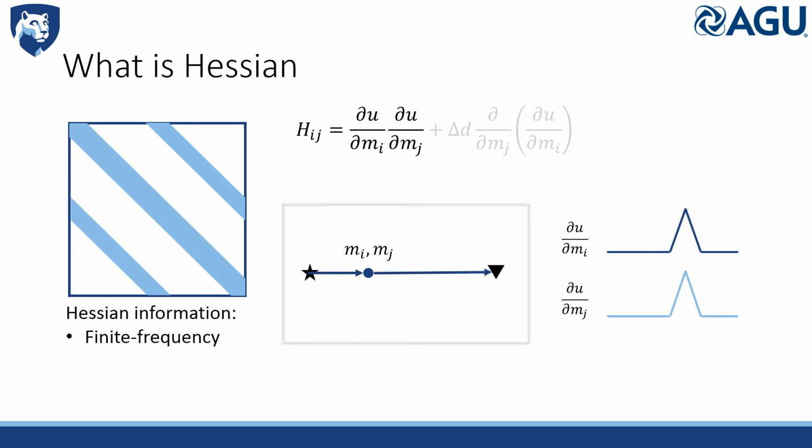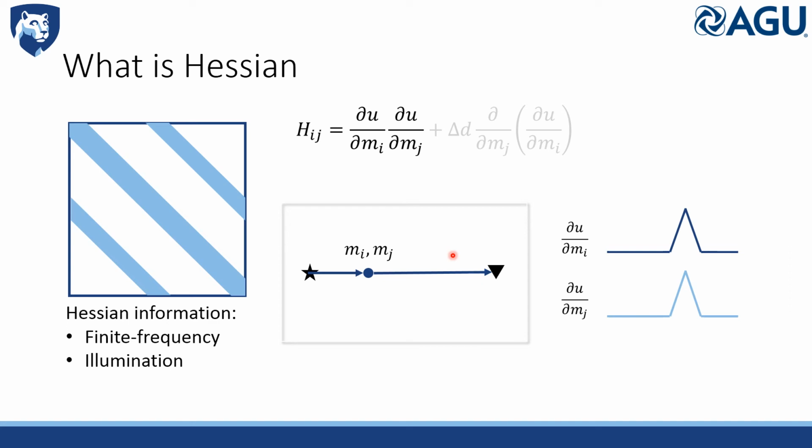And then the wave travels shorter. The arrival will be earlier. And also, there will be less geometric spreading, so the amplitudes will be larger, and the Hessian element will be larger as well. In other words, the values of the Hessian elements can indicate the illumination information, which captures the source-receiver geometry. So far, we have only discussed the monoparameter case.